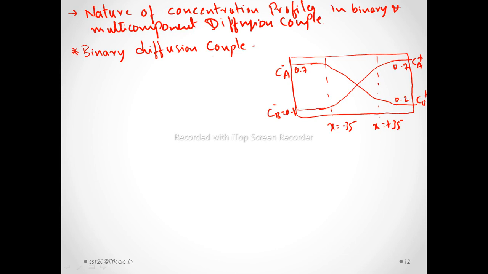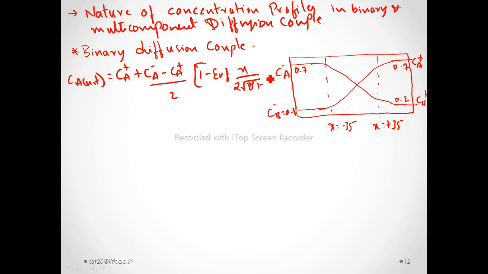We can obtain the diffusion coefficient values with the help of this equation: C(x,t) equals (Ca plus plus Ca minus) by 2, times (1 minus error function of x divided by 2 root d tilde t).